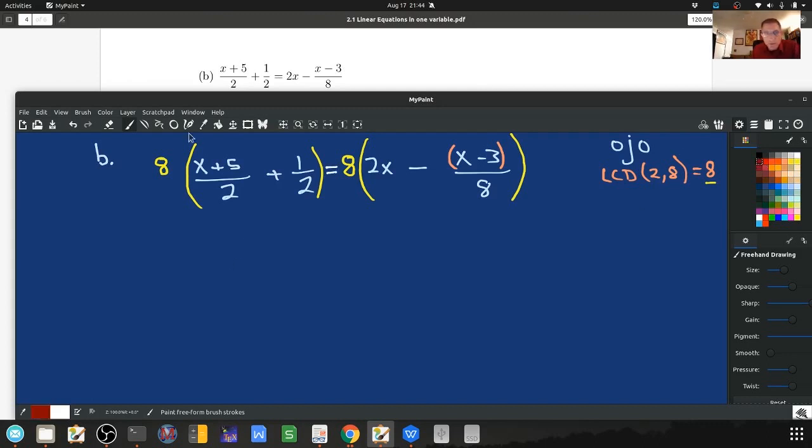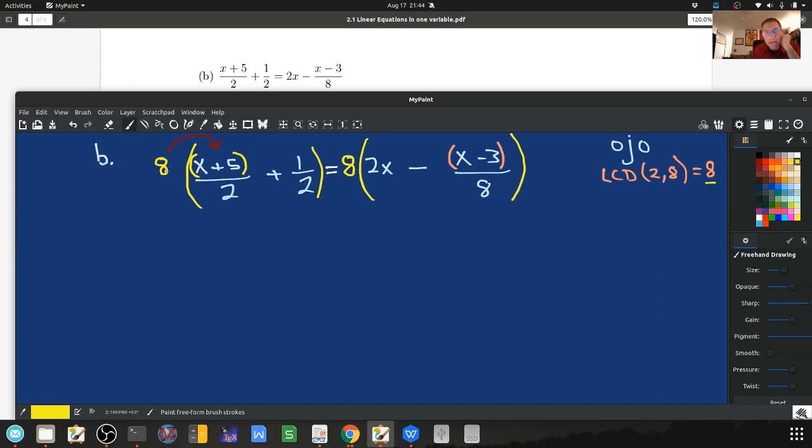So now let's start. We're going to use the distributive property. So 8 times (x + 5)/2 is the same as 8 divided by 2 times (x + 5). And I'll be honest with you, it's probably a good idea, even though there's not a minus here, whenever you have a numerator that is a sum or a difference, to just go ahead and put parentheses there.